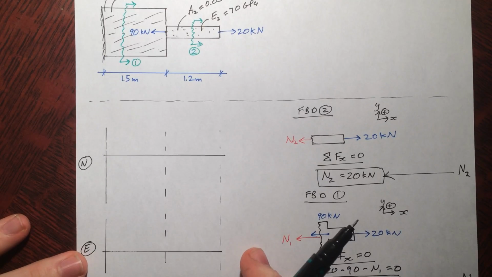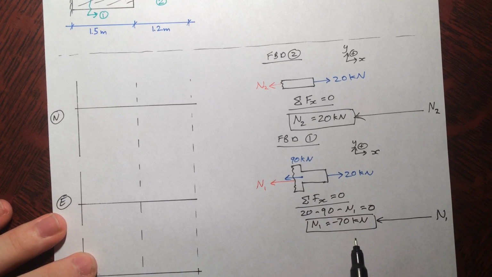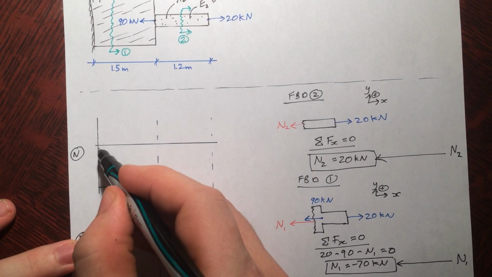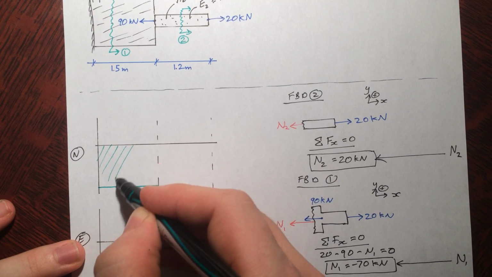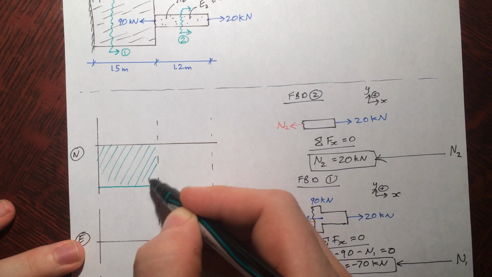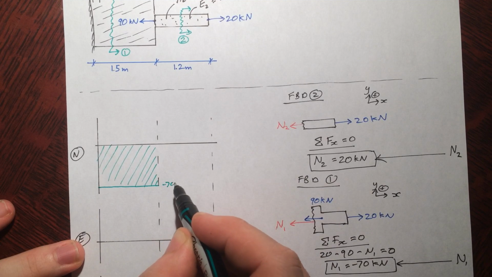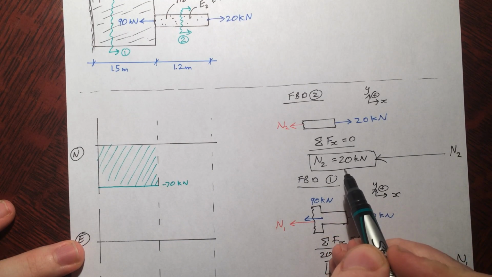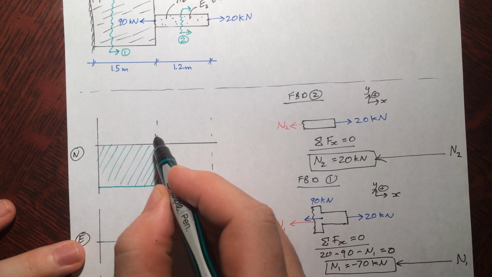So the bit in the first piece that we called 1, negative 70, and it's constant throughout that piece. So the line that I draw is just going to be straight, negative 70 kilonewtons. And in the second piece, it jumps up to 20.